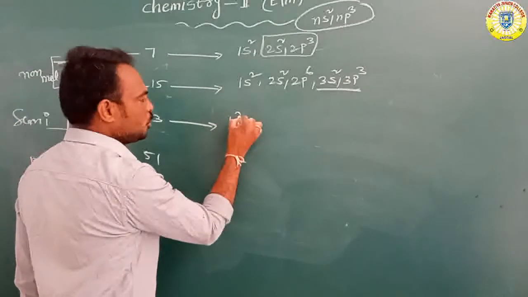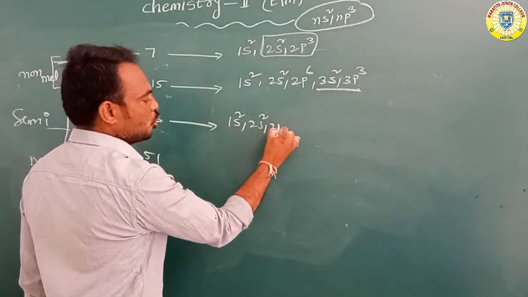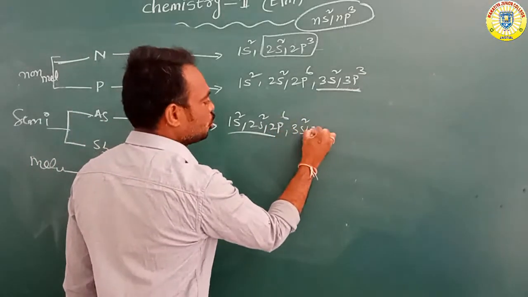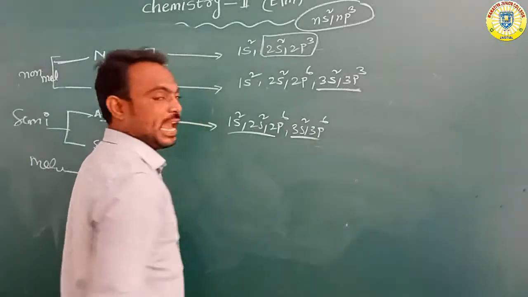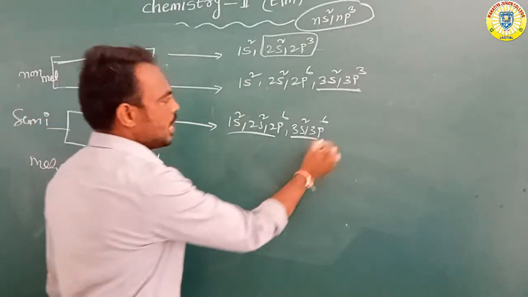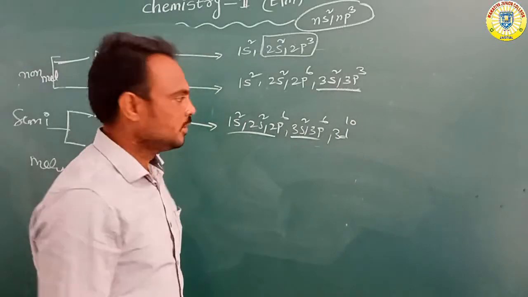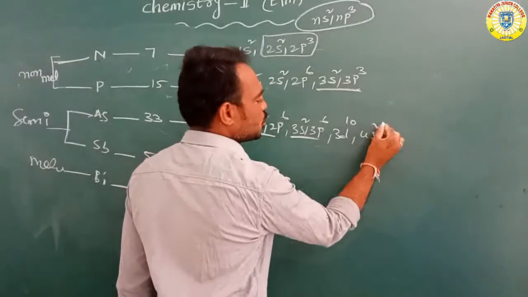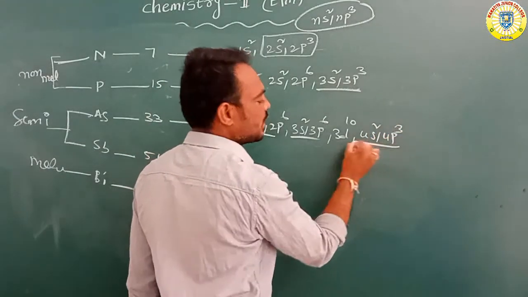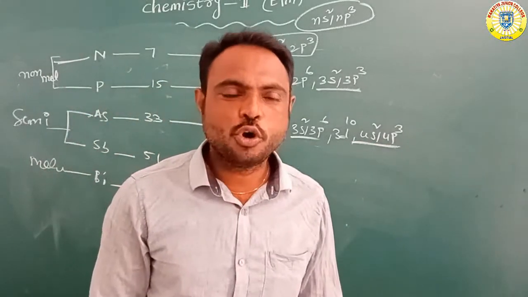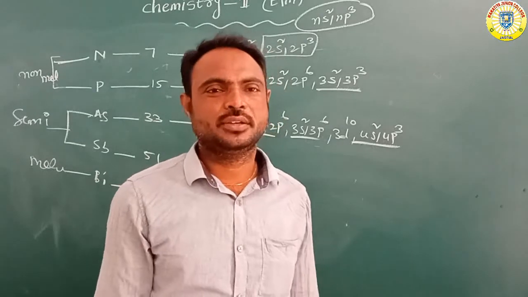Next, we write the electronic configuration of arsenic: 1s2, 2s2, 2p6, that is 10, and 3s2, 3p6, that is 8, total 18, and next 3d10 gives 28. Next 4s2, 4p3 electronic configuration.